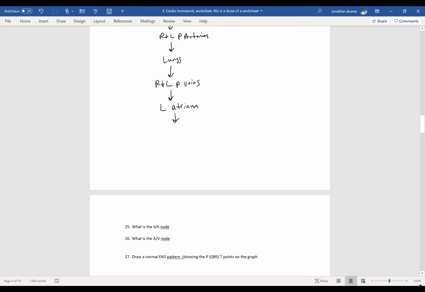So as blood is returning to the heart, it goes into the left atrium, and then it has to pass through the bicuspid valve to the left ventricle, through the aortic valve, and then the aorta, and then to the body. Okay, so that would be the order.